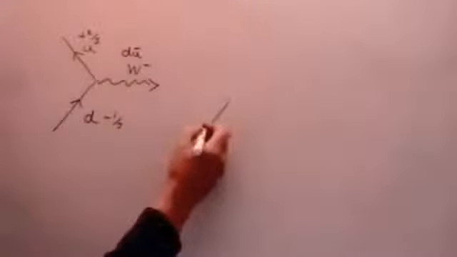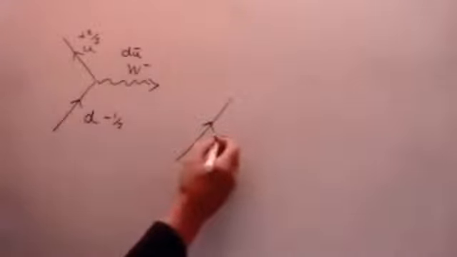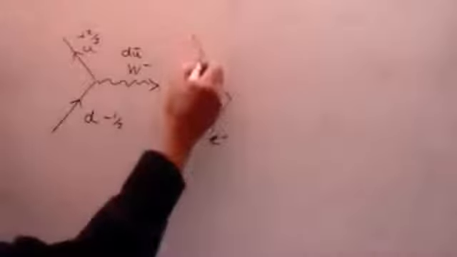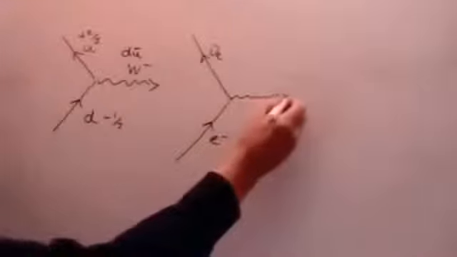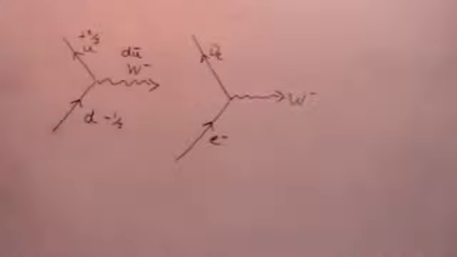We also showed that neutrinos and electrons have a charge difference of 1. So you could have the same situation, that you have an electron becoming, as it were, a neutrino, also by the emission of a W minus.